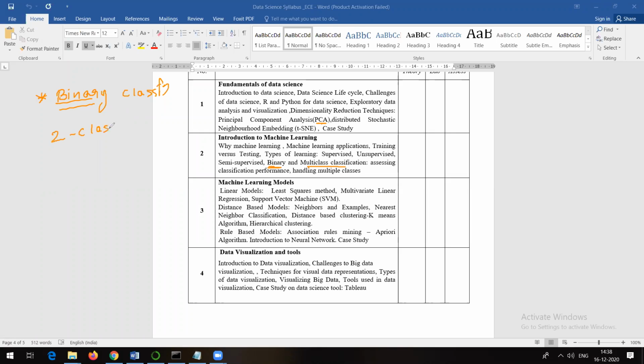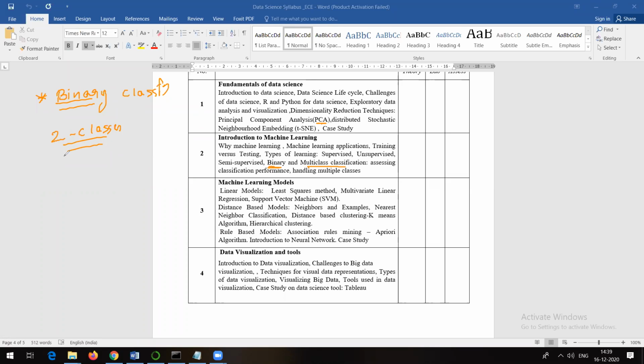Right? As I told you, whenever we create a model, we divide the data into training and testing. In that training and testing data, we have some features, that is, we have some columns, and out of those columns, some are going to be input columns, and one column is going to be the output column.